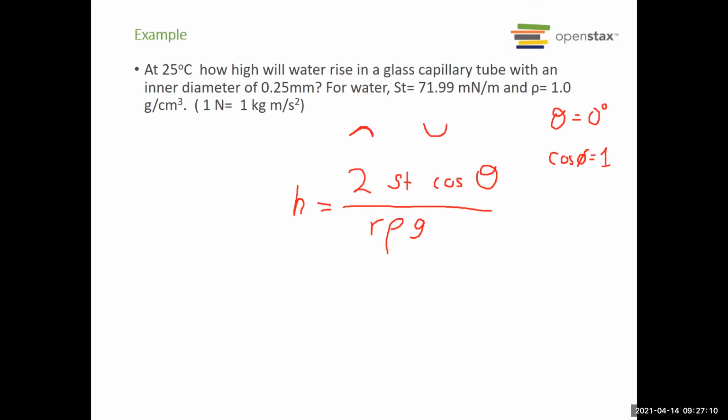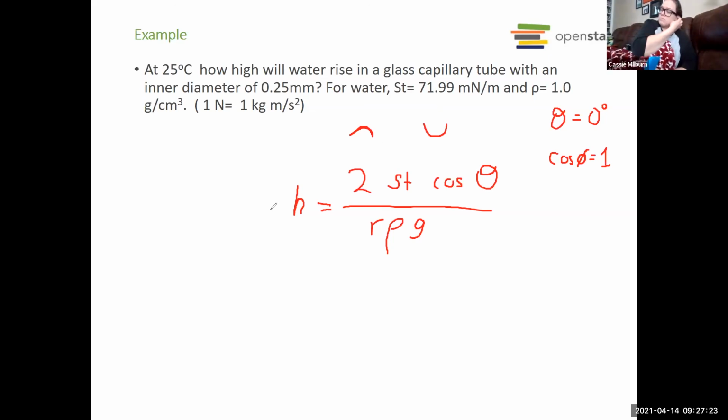So surface tension 71.99, but the units are millinewton meters. Yes, you have to convert everything and make sure they're all the same.